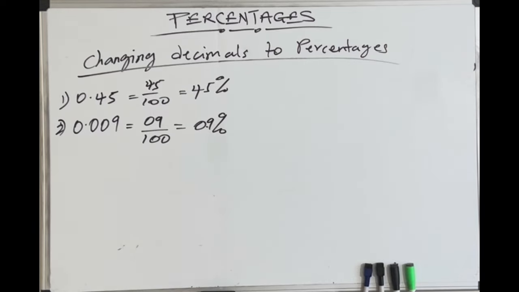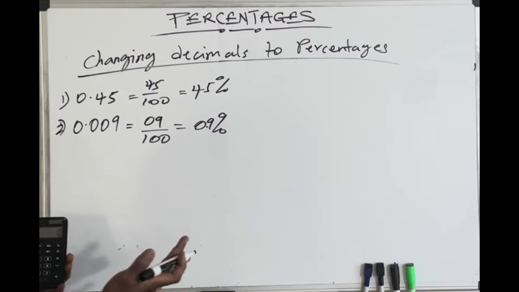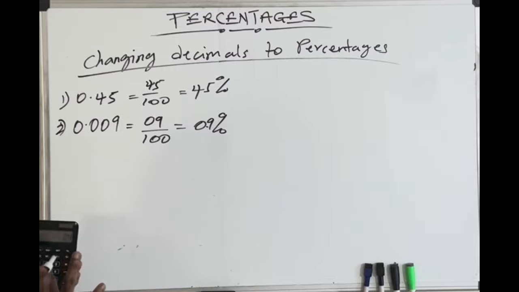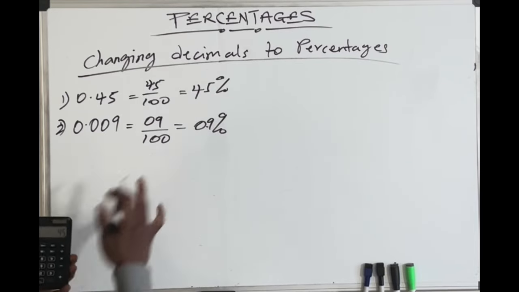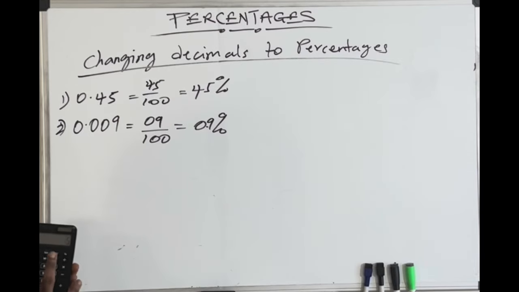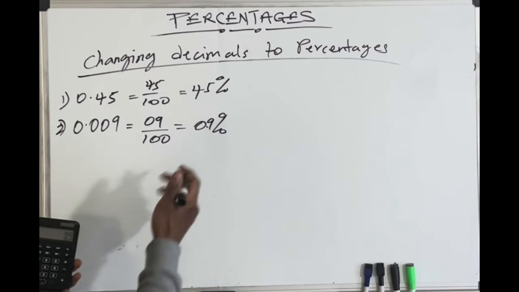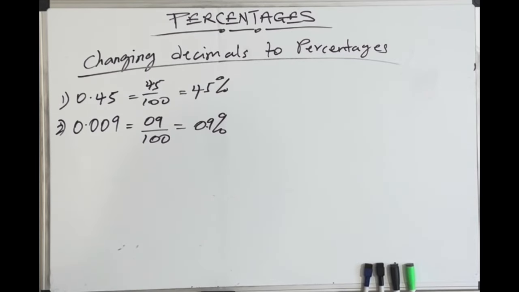If you want to verify things, you just punch in the calculator 0.45 times 100. Yes, we had 45%. Let's see, 0.009 times 100. You see, we have 0.9%. So easy stuff.